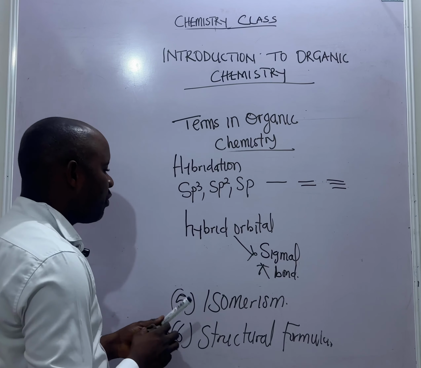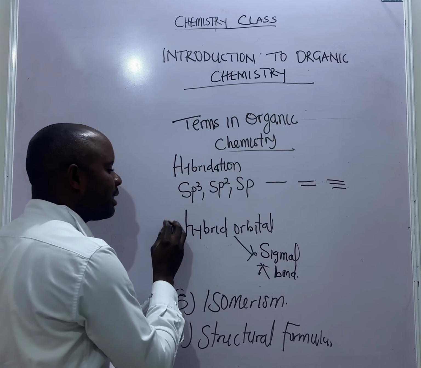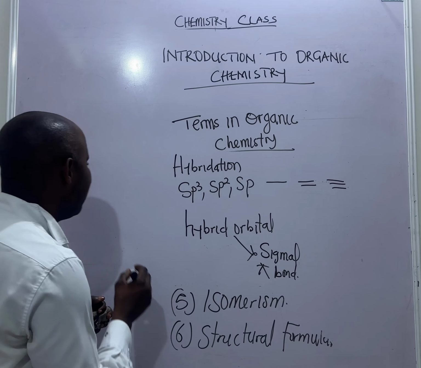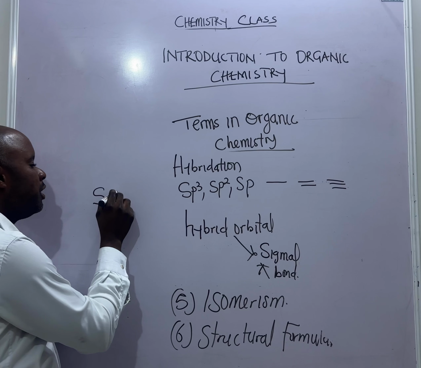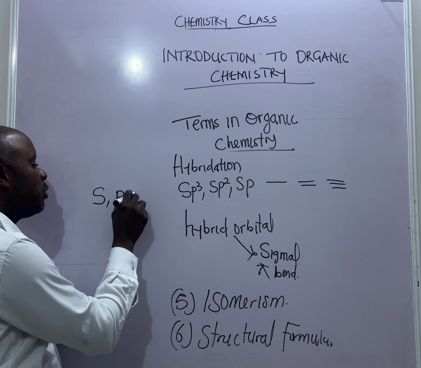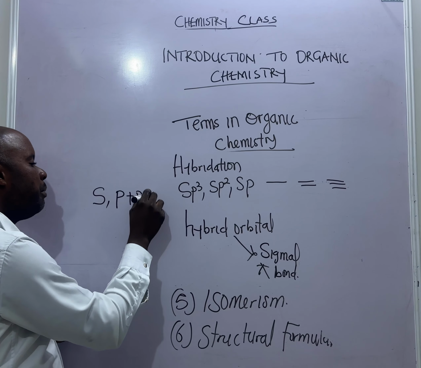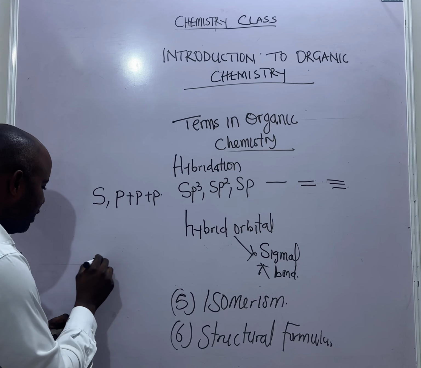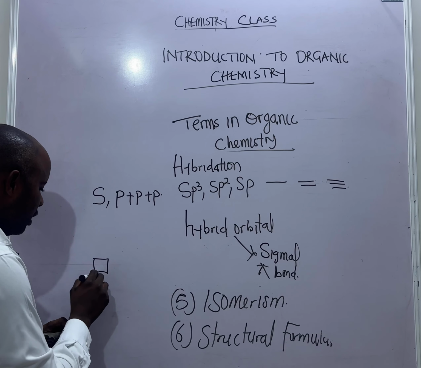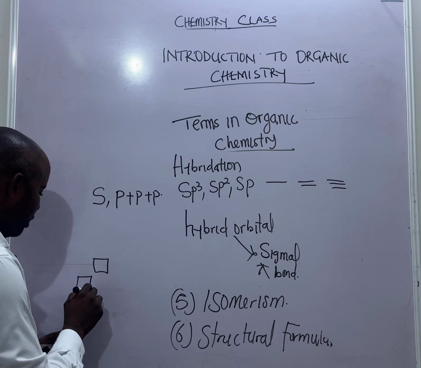So if we are going to discuss sp3 hybridization, we said one S and three p came together. Let's use a very good example, the electronic configuration of carbon.